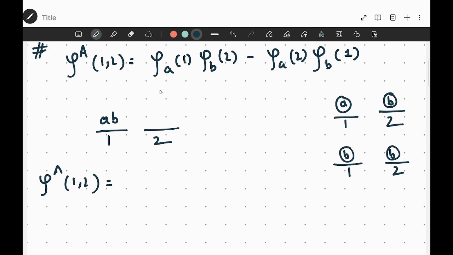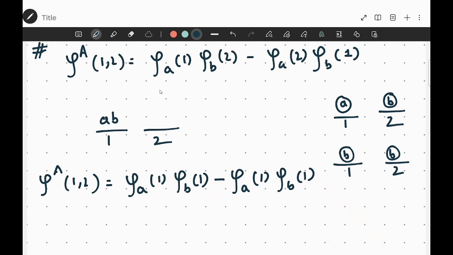What will be the psi? Psi A1, psi B1, right? Yes. Minus psi A1, psi B1, that is 0. So 0. That's why two fermions can't reside in the same energy state or same state.